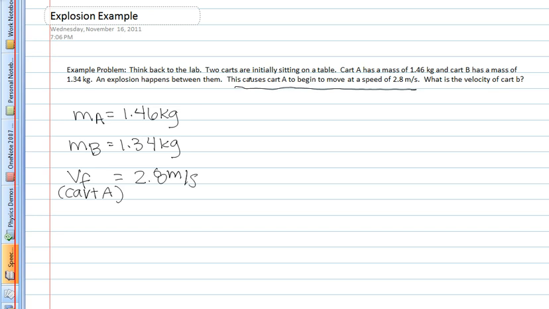Initially, the two carts are sitting on a table. Therefore, the initial velocity of cart A and the initial velocity of cart B are both going to equal 0. In the last video, we talked about the fact that momentum is conserved, given both bodies in the system.